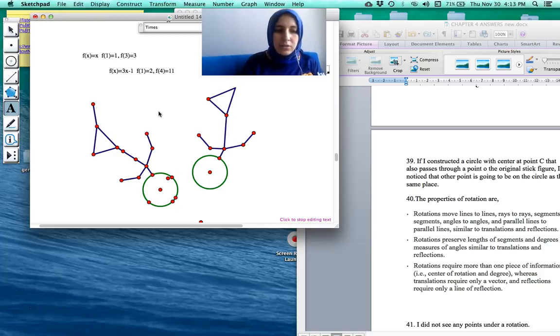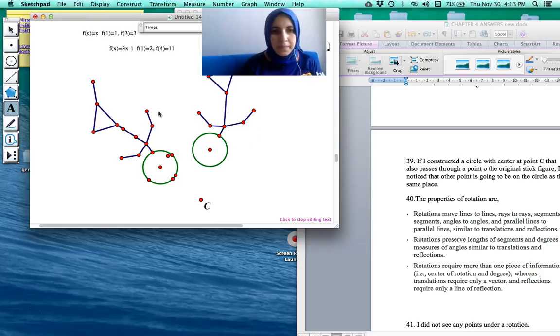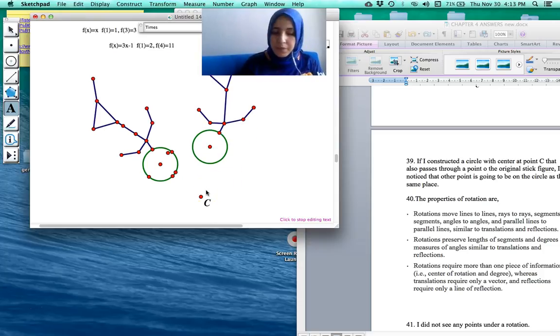In the diagram, the sticks are rotated about a vertical axis through the center C. Yes, this is the center C. Question 36. What do you notice about the size and shape of the two stick figures? I have realized that the size and the shape of these two sticks are the same.